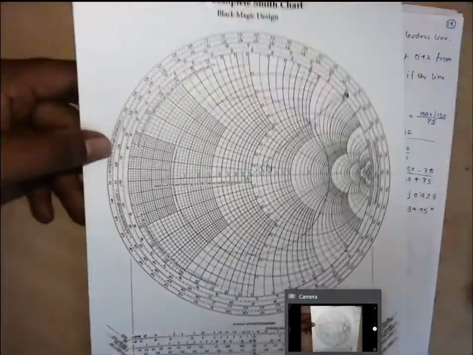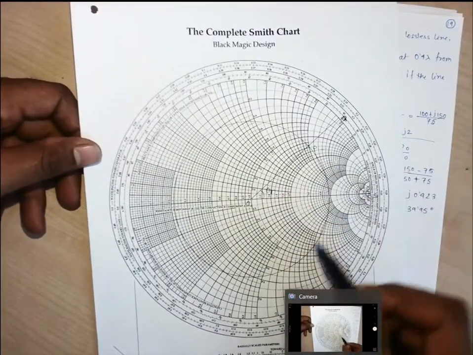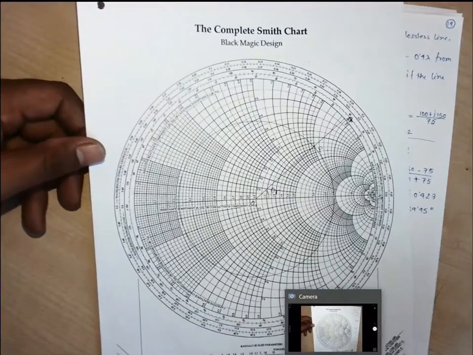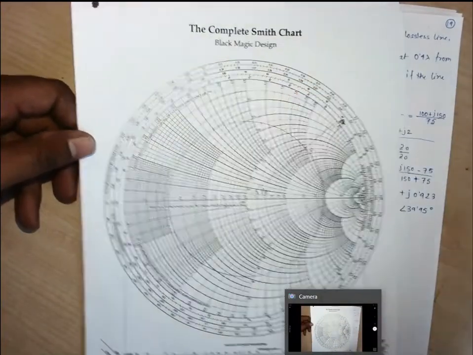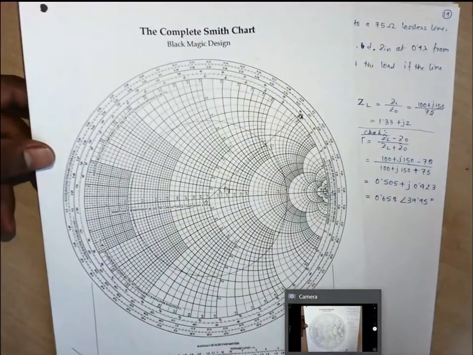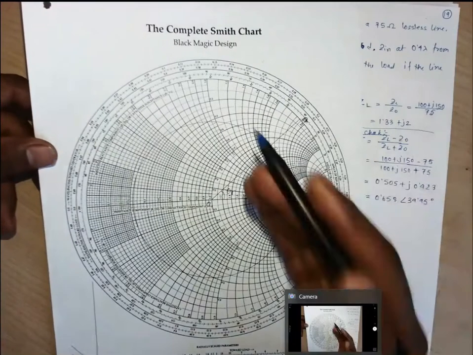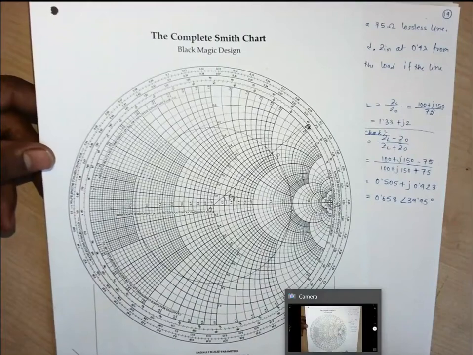Understand? While we have been having this load, depending upon this radius, we have been drawn a circle. Now to find out the admittance, this upper side, according to our given problem, we have been indicated as impedance. So obviously this below of this gamma axis will be your admittance.